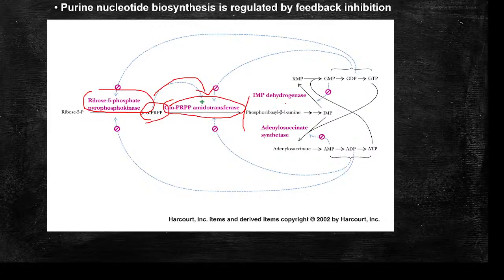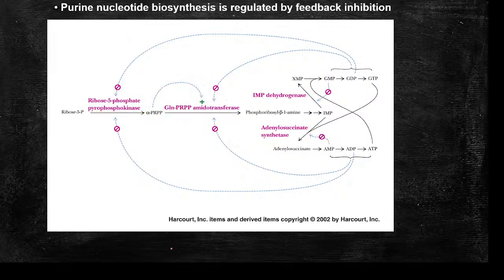So this will result in synthesis of more amount of AMP and GMP. Okay. So more amount of GMP will also inhibit conversion of IMP to GMP, and more amount of AMP will also inhibit conversion of IMP to AMP.